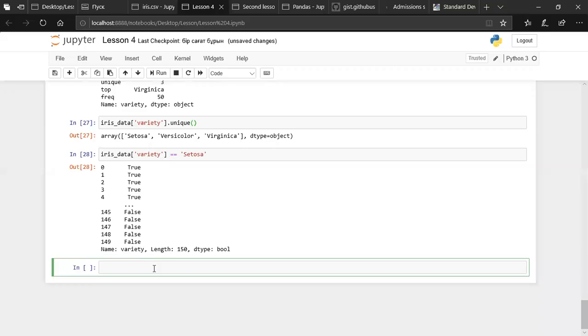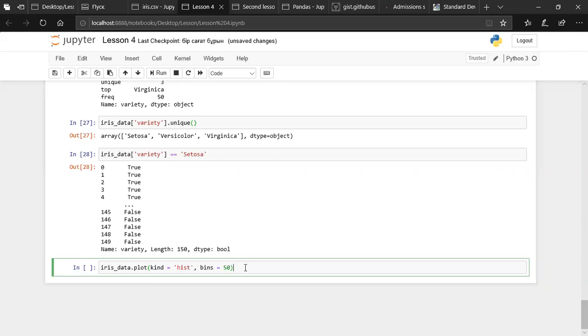So can you plot a histogram? Like iris data dot plot kind hist. Yeah, and set the bins to 50, for example. So there will be 50.